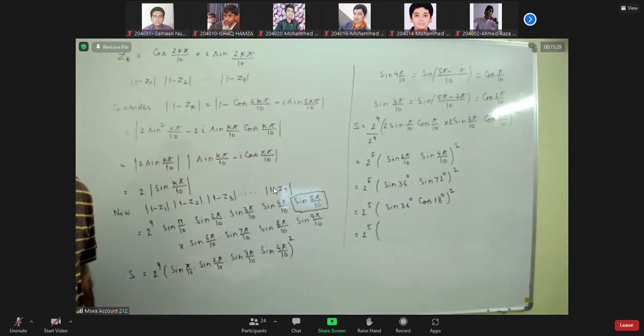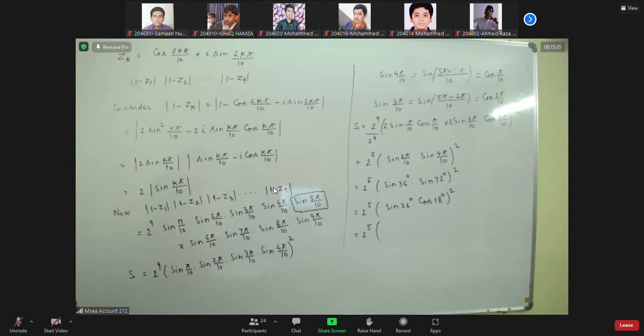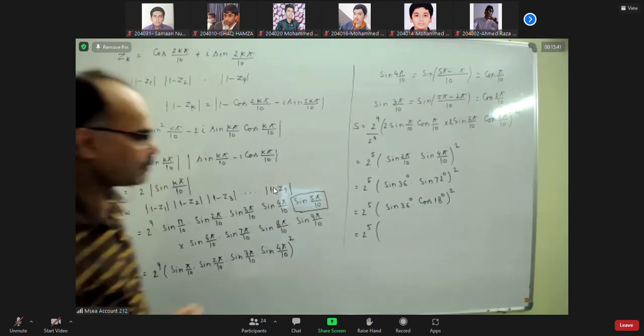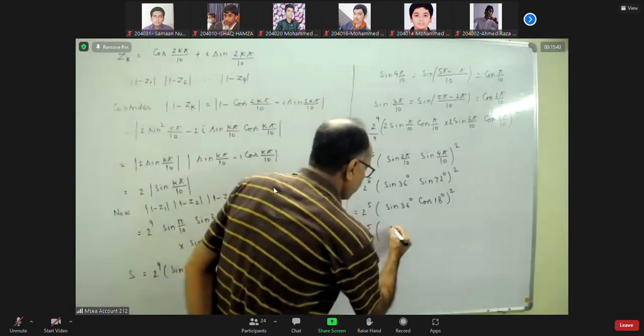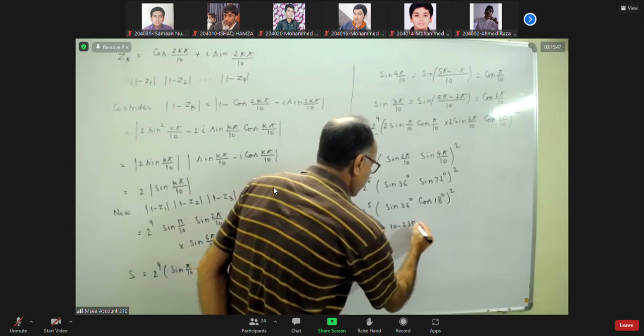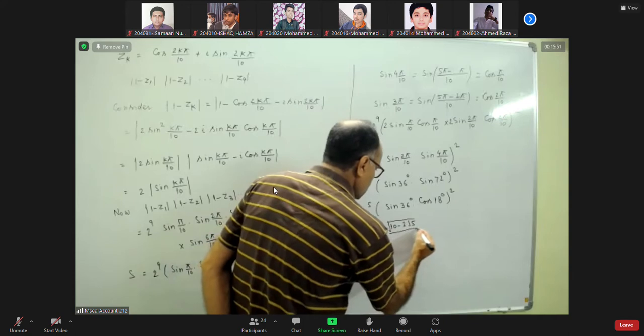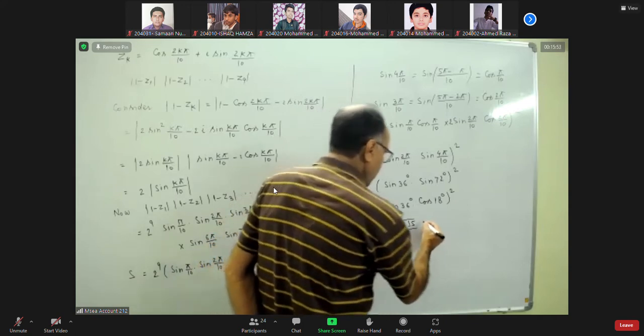Sine 36 and cos 18. Sine 36 is 10 minus 2 root 5. This is JEE advanced question.